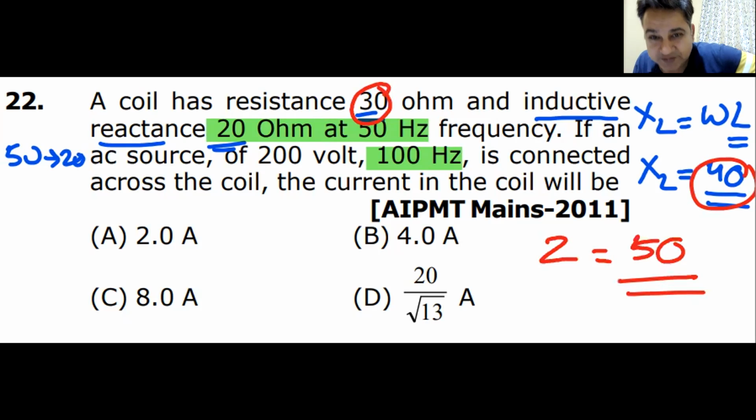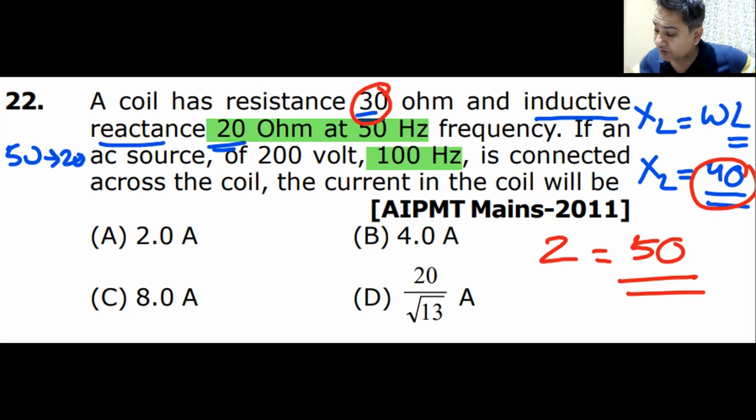I hope you are understanding this. 20 ohms was the inductive reactance at 50 hertz. Frequency is not 50 hertz, it is 100 hertz, so it becomes 40 ohms. Reactance is 40 ohms, resistance is 30 ohms, so impedance becomes 50 ohms.